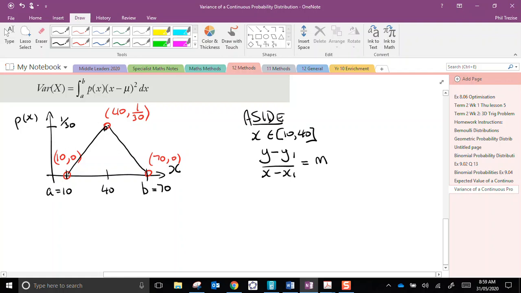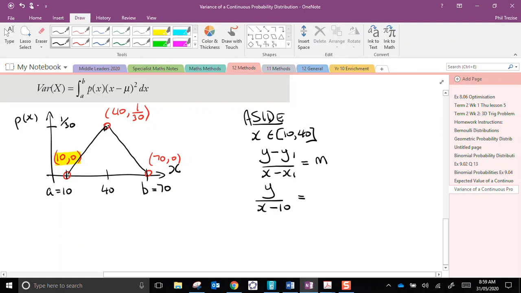I think it's quicker to do it this way. So x1 and y1, we can choose either of these points. I typically will choose the one where there is a 0 for the y coordinate because that makes my life easier. It's y minus 0 over x minus 10.